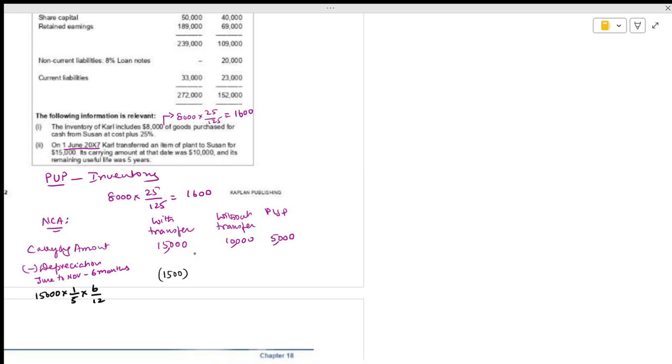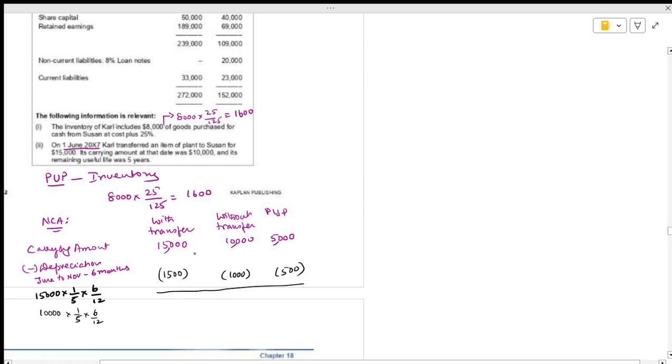In the same case, 10,000 times 1 by 5 into 6 by 12 comes to 1,000. Unrealized profit is 500. Be a little bit careful. 13,500, 9,000, 4,500.